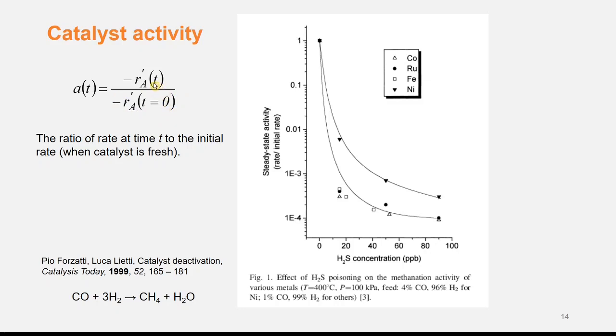The time t used in the numerator is the time that the catalyst has been in use, or we can say that this is the rate with the degraded catalyst at time t. Here in the denominator, we're looking at the rate at time equal to 0. This is the time when the catalyst is fresh.